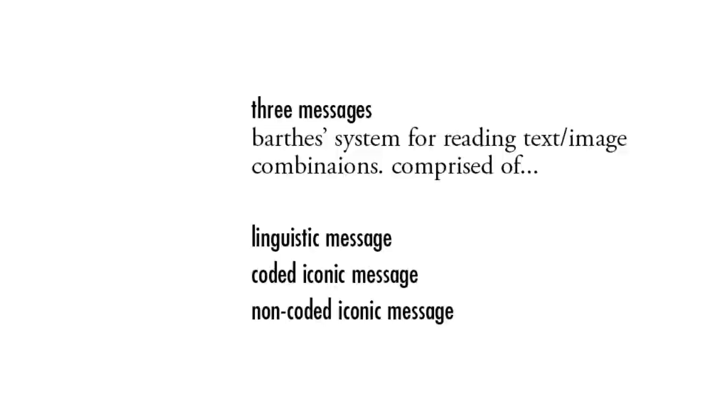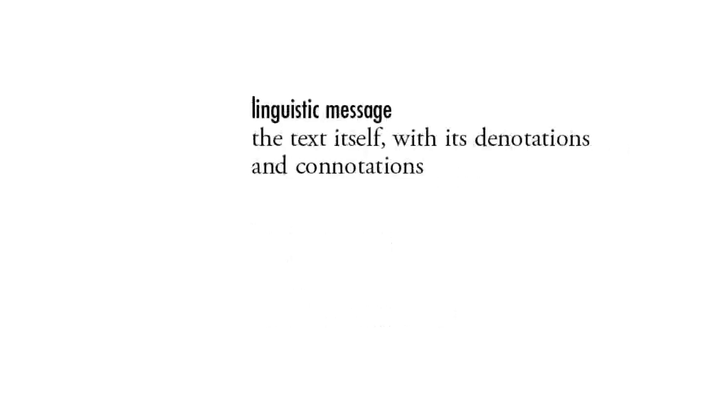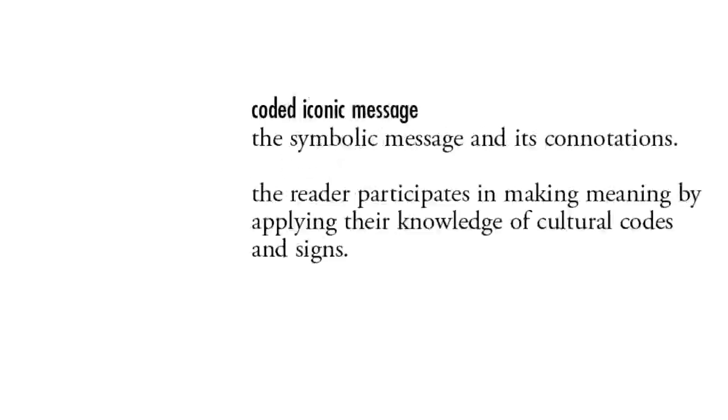The first part, the linguistic message, is just the text. It's what you read, the denotations, the dictionary definition of the text, and then also the connotations that you bring to the text. The next part in this active decoding is that coded iconic message. That's the symbolic message, the imagery, the symbolism that it brings, and the connotations.